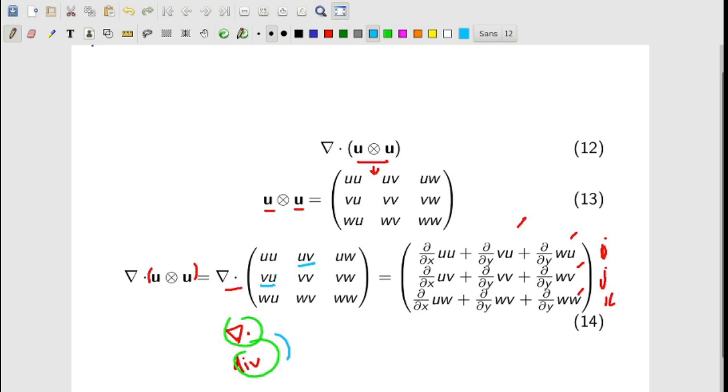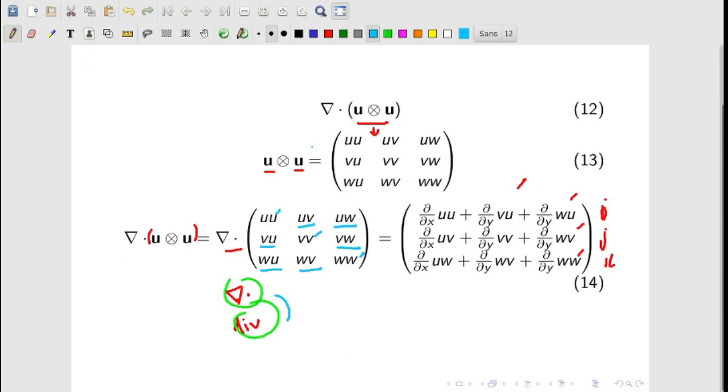So the corresponding terms here are equal across the diagonal of the tensor. So WU equals UW, WV equals VW, and at the diagonal here you have the equal terms UU, VV, WW. So the result would be the same because of the property that this tensor is symmetric.